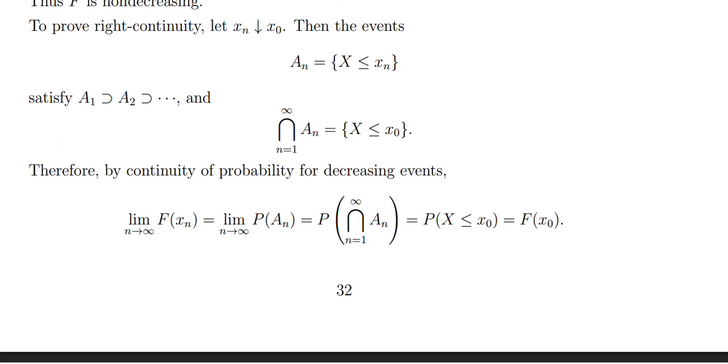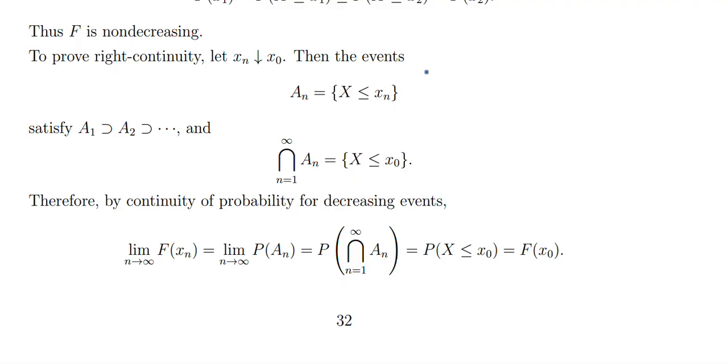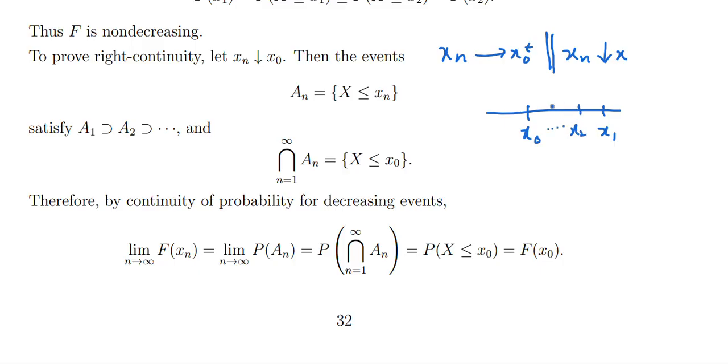For the right continuity, how do we show the right continuity? Assume that x_n approaches x from the right. In other words, you can just write x_n decreases to x. So this is the same thing. That means this is x0, this is x1, this is x2, this is x3 and so on.